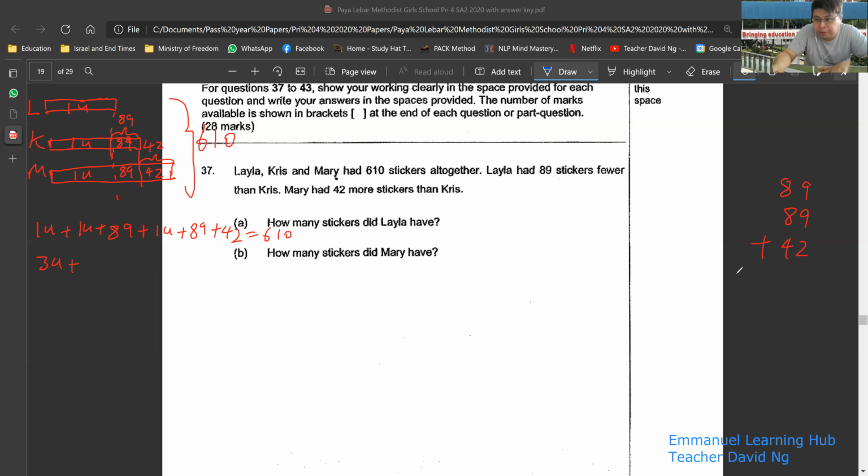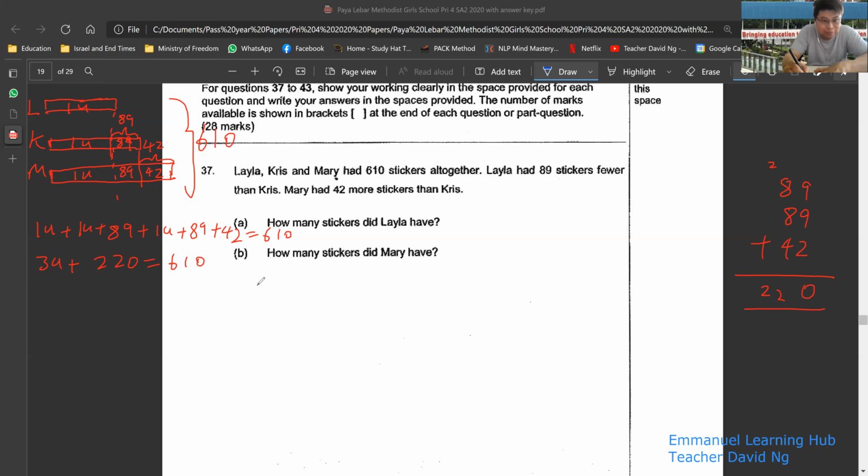Let's add them together. 9 plus 9 is 18, plus 2 is 20. 2 plus 8 is 10, then plus 8 is 18, then plus 4 is 22.